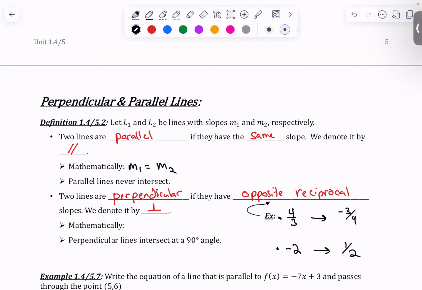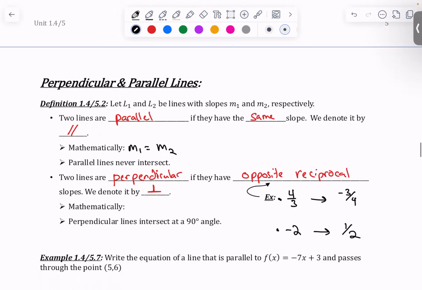Mathematically, this is something that not many people get to see this way. I'll write it down, but you don't need to know this. Most textbooks will write it just this way: m sub 1 is equal to -1 over m sub 2, or m sub 1 times m sub 2 is equal to -1.